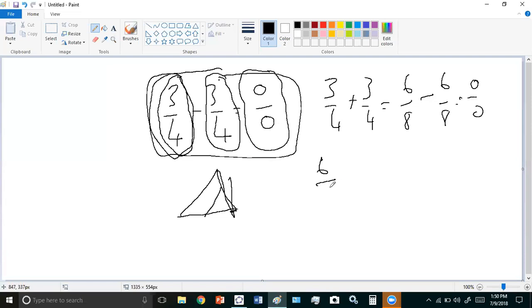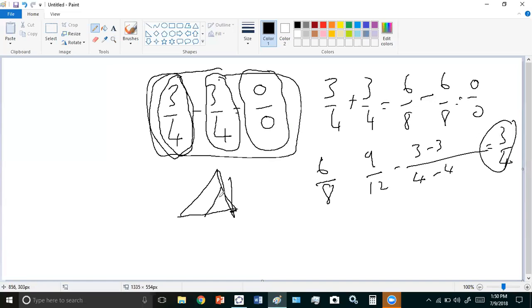So if we start off with 6/8 or 9/12 and we subtract 3/4 continuously, let's say 3/4 there and another 3/4 there and another. So 9 minus 3 is going to leave us with 3. And 12 minus 4 is going to leave us with 4, which is the irreducible form of the fraction.